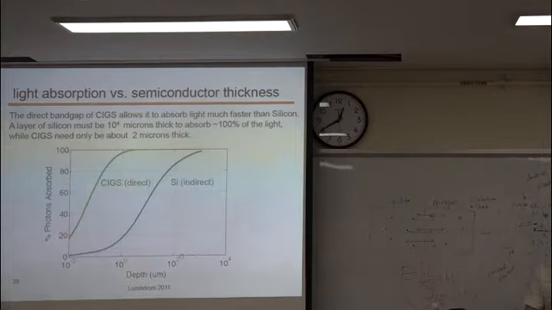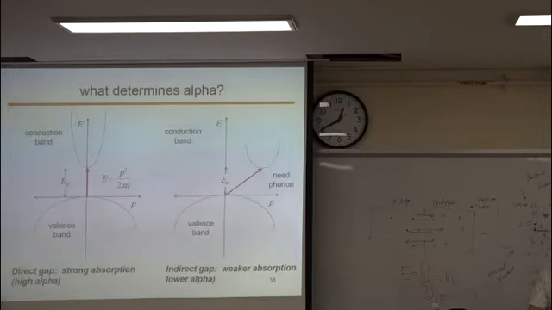So for example, here there is silicon. Basically, silicon has an indirect band gap because the momentum at the conduction band, the lowest energy level, will be different from the momentum at the valence band.